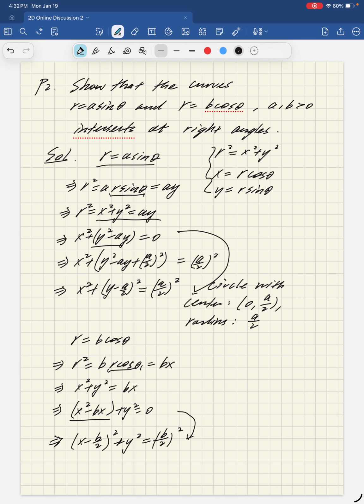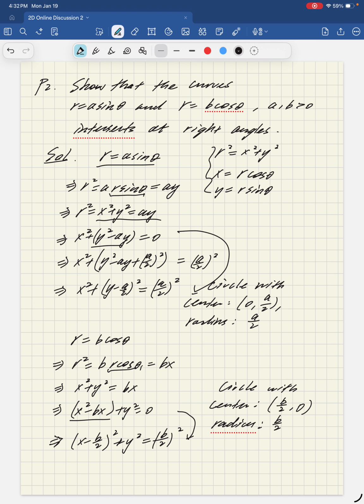And so, indeed, this is also a circle with center (b over 2, 0) and radius b over 2.